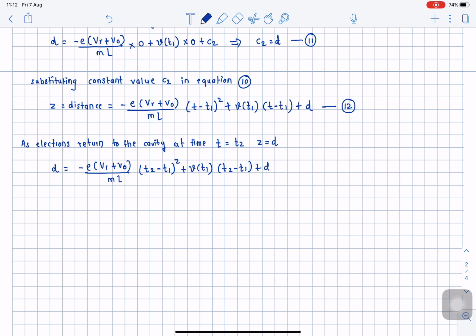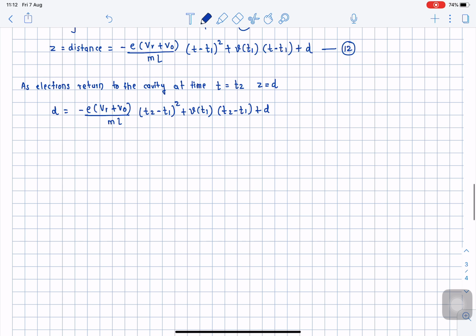Okay, so here we see that this equation we can now simplify further. So the d on both sides will get cancelled. So what we can write directly, the time gap t2 minus t1, is equal to 2m into capital L into velocity v of t1 divided by e (vr plus v0).